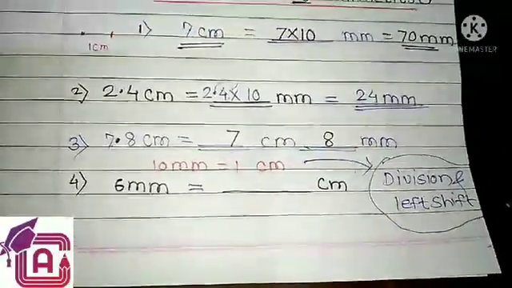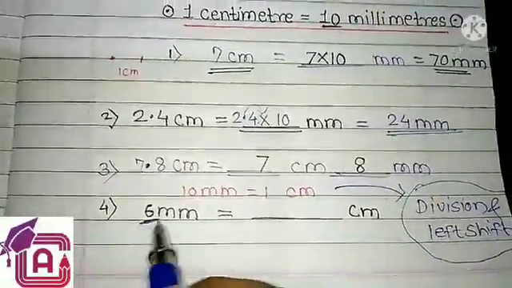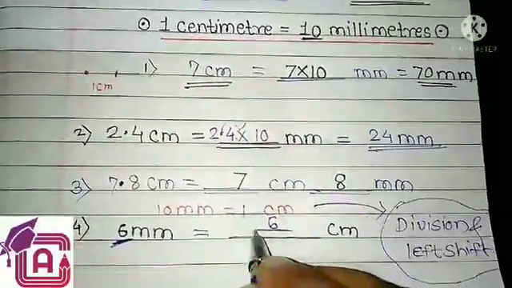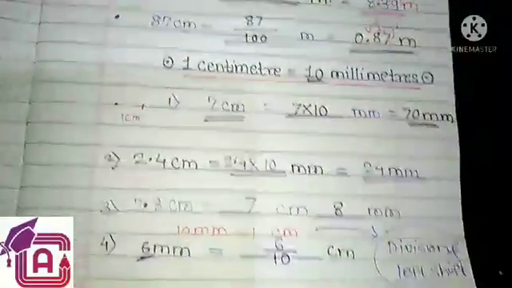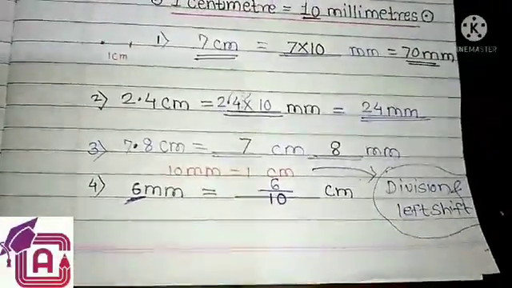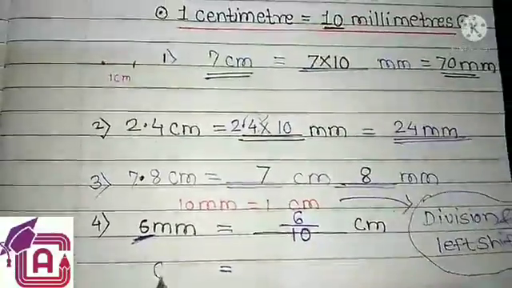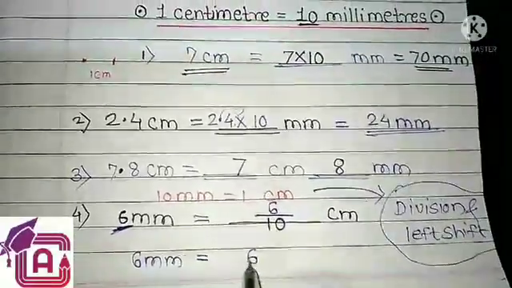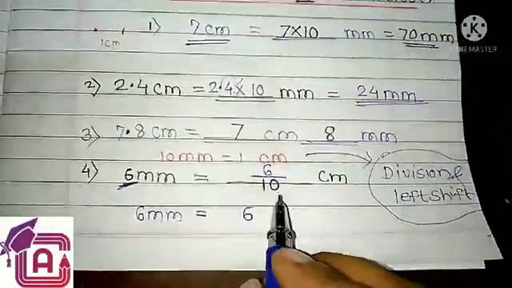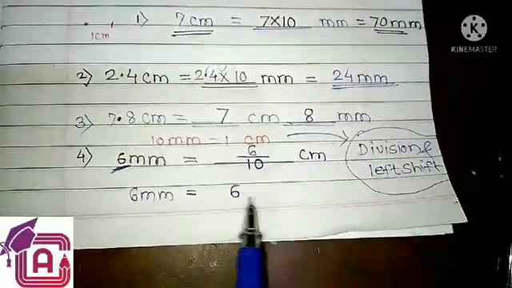First write down the given number in the numerator, 6, and in the denominator, by which number do we have to divide? 10, because it is a millimeter conversion. 6 upon 10 centimeter. Now we have to represent it in decimal point format. 6 millimeter is equal to: write down the given numerator as it is, 6, and shift the decimal point which is present after the 6 towards the left hand side.